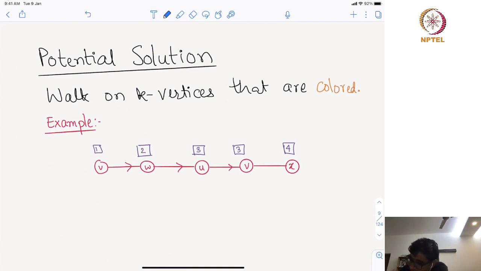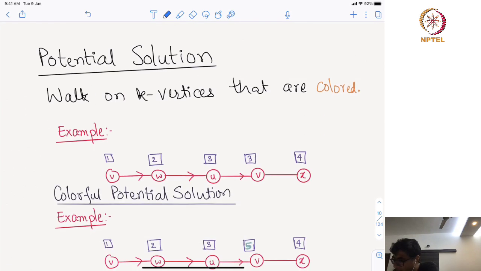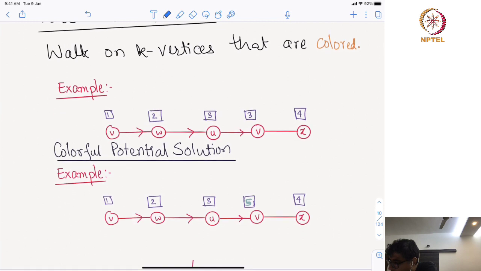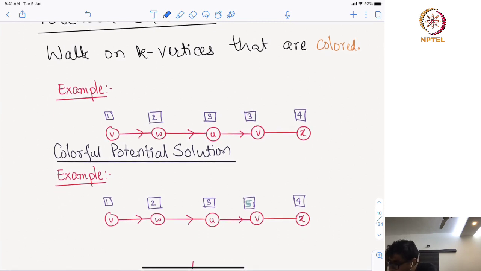So this represents the colors and this represents the path. And what is a colorful potential solution? A colorful potential solution is one where, even if a vertex occurs a second time, you assign a different color. Since it is a directed K-walk, you have a notion of first vertex, second vertex, third vertex, fourth vertex, fifth vertex.